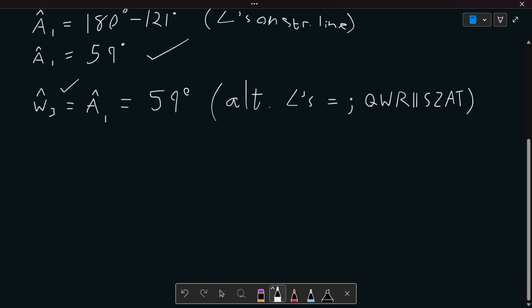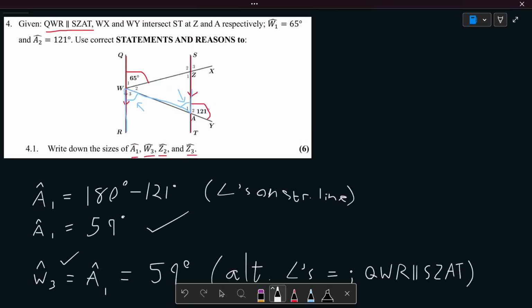Now our next one we need to find is Z2. Where is Z2 located on the diagram? We can see that Z2 is over here. Now, let's look at Z2 in relation to something else on the diagram. If we're observant, we can clearly see that it is lying in between the parallel lines.